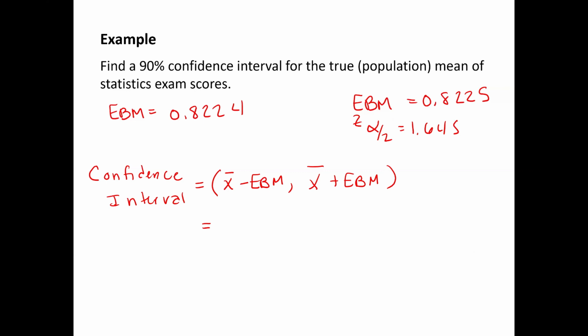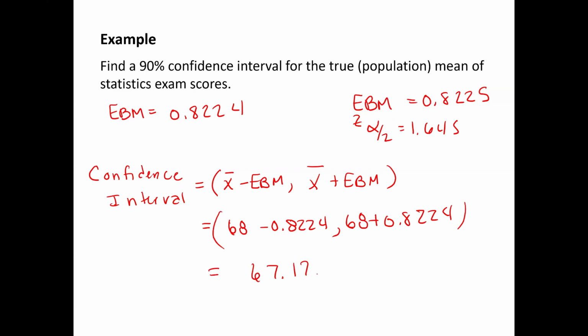Okay, so what did we have for the mean? The mean was 68, is that correct? 68 minus 0.8224, 68 plus 0.8224. So what's the confidence interval? 67.1775 to 68.822.